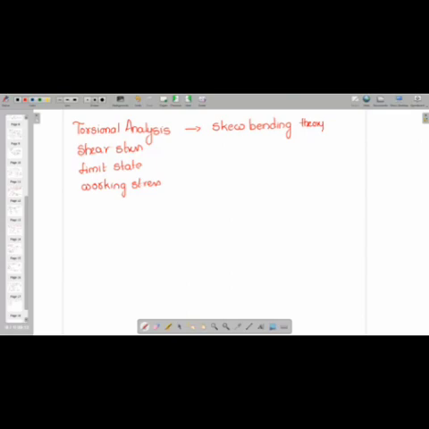Usually, when you see the combined effect of bending moment and shear under torsion, we talk about skew bending theory.